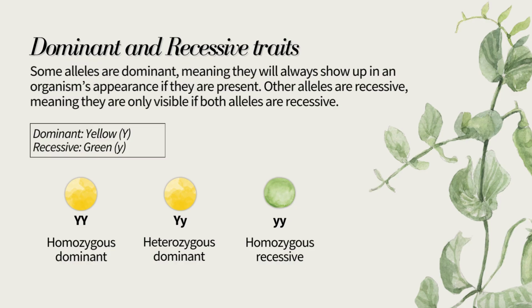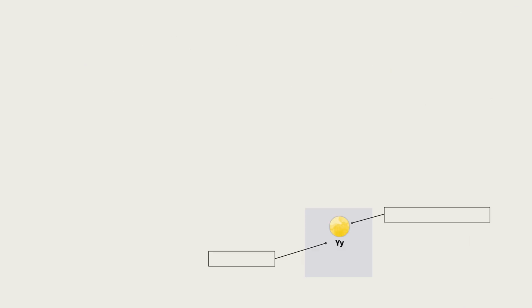So here the dominant is the capital Y, and the recessive, green, is the small y. Homozygous dominant, both capital Y, is yellow. Heterozygous dominant, capital Y, small y, will be yellow. And homozygous recessive, small y, will be green.